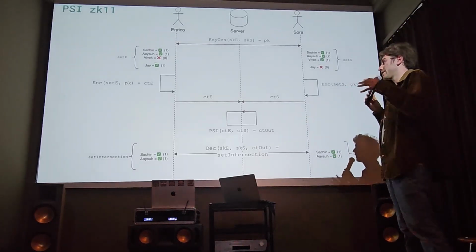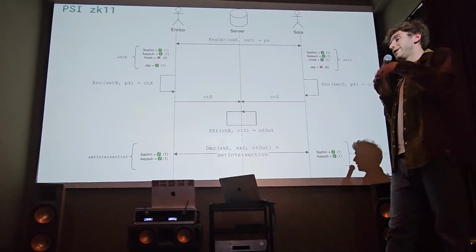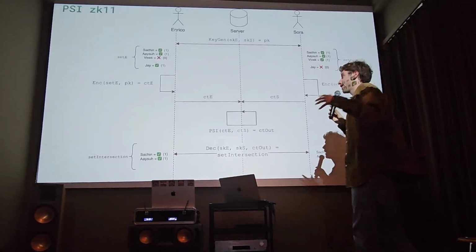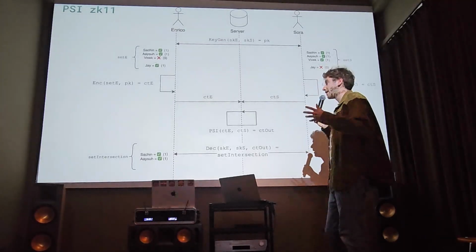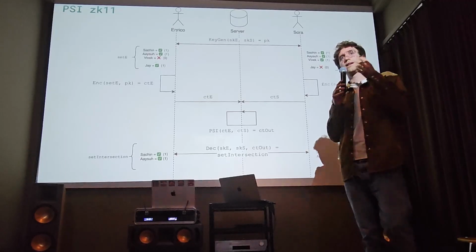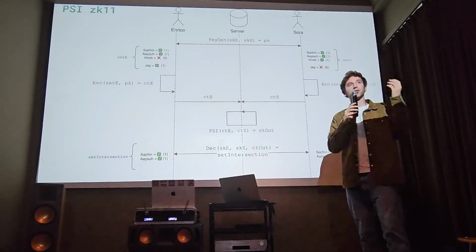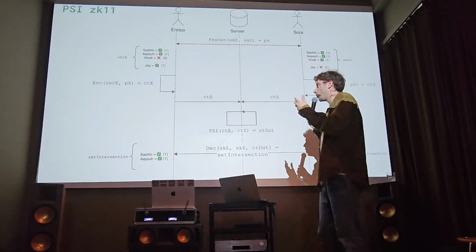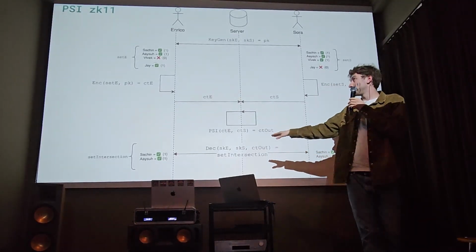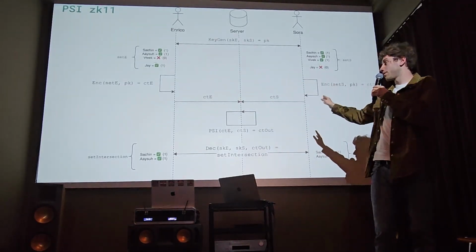So the cool part here is that this PSI, which is basically a subset of fully homomorphic encryption, can be run by any other party, and they are just operating on ciphertext. So they don't really have any requirement on knowing anything more than the ciphertext. And lastly, again, Enrico and Sora come together.